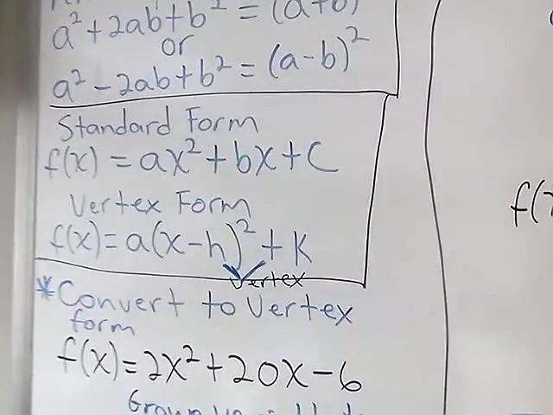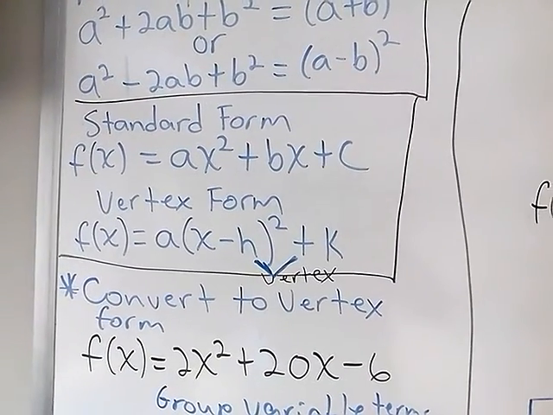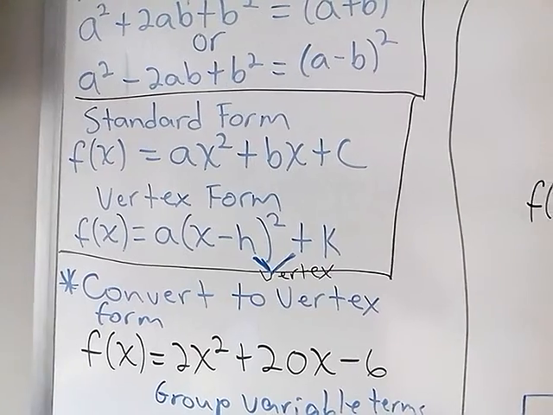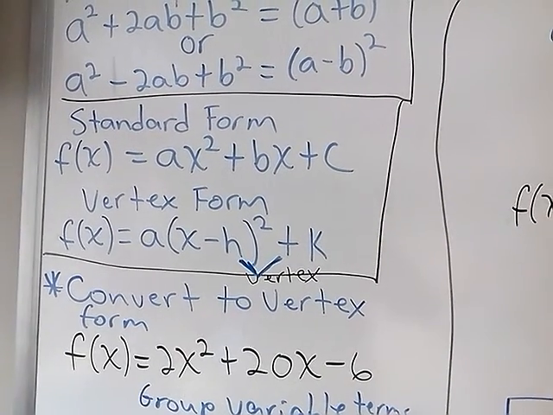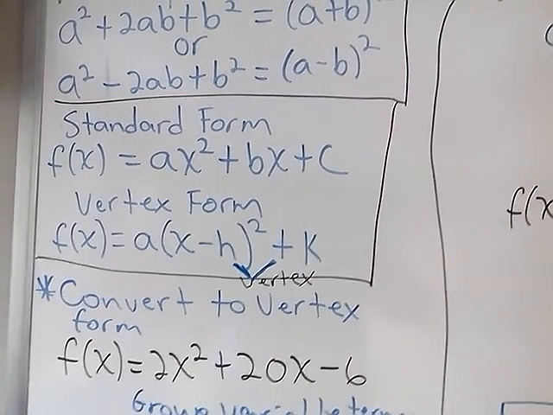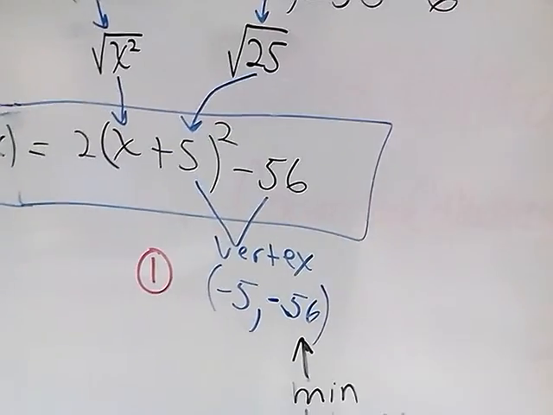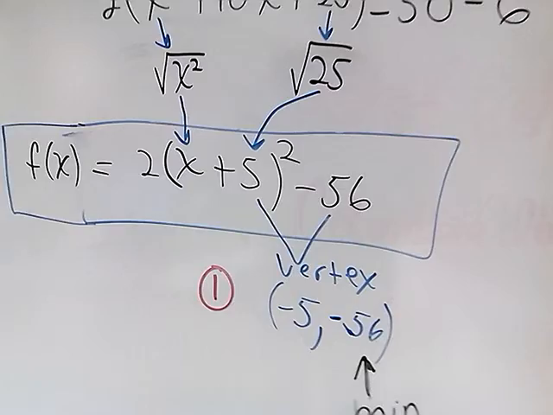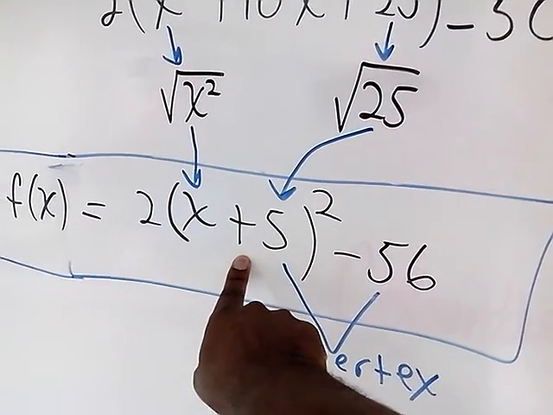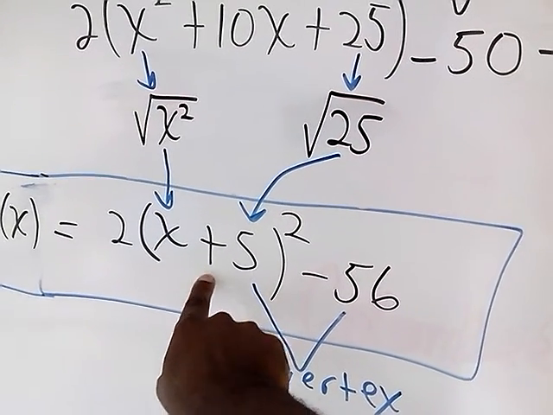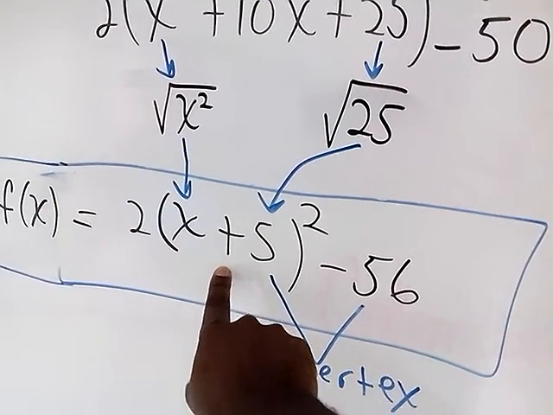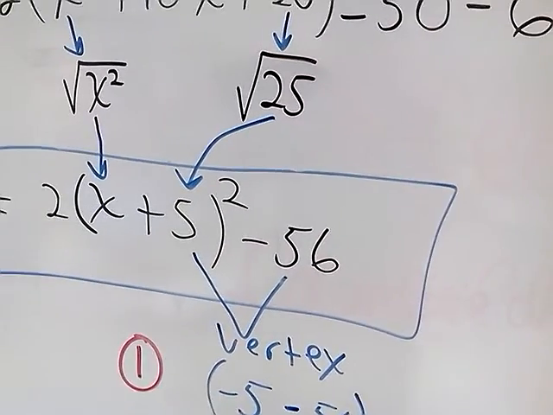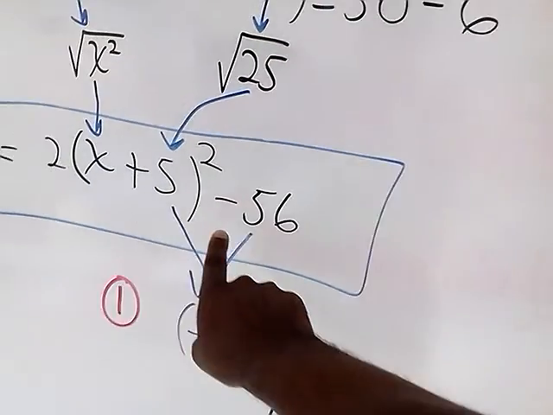Now we know our vertex. Based on our vertex form, we have a times x minus h, that is being squared, plus k. So we come back here and look at what we have. We use the opposite sign here because our formula has a minus in front of it. So the opposite sign is negative 5.